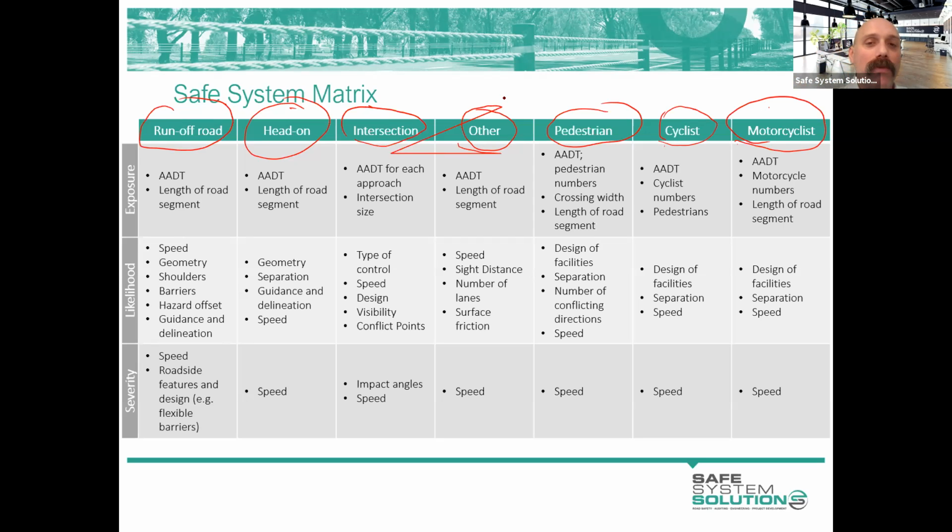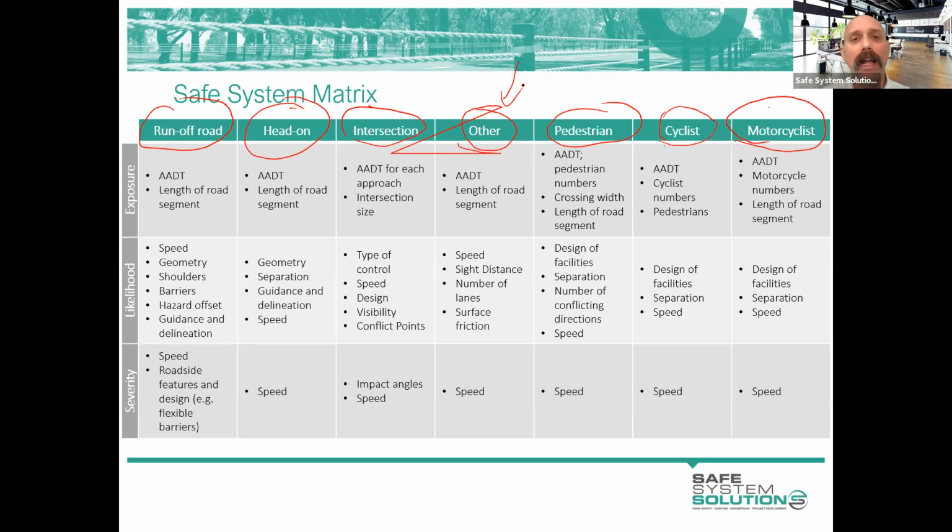Other crash types give you some freedom if there's something you believe is an issue that's been missed. Maybe that's a crash with a tram or a level crossing crash. Maybe that's a sideswipe crash. Maybe you're very concerned with crashes with animals, or maybe rear ends at mid-block locations.